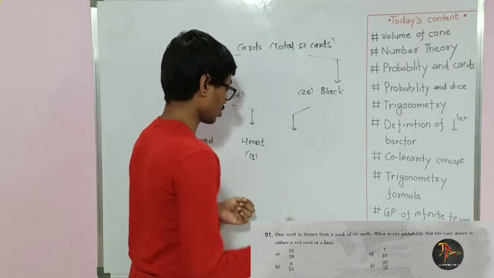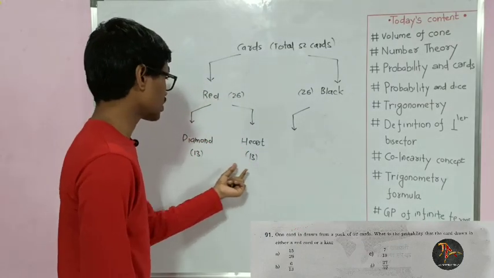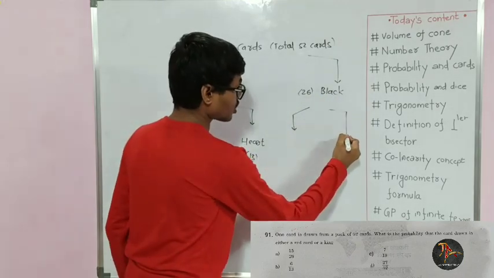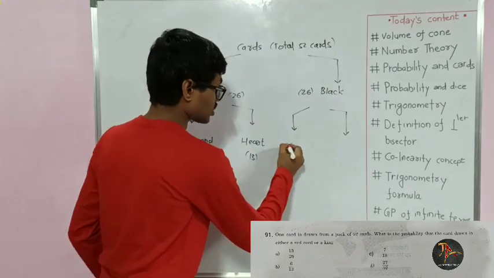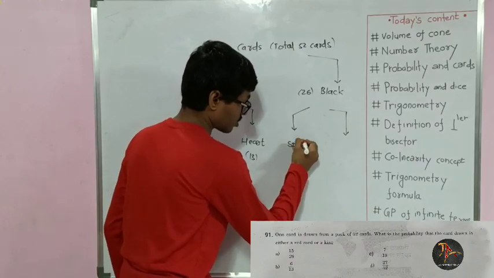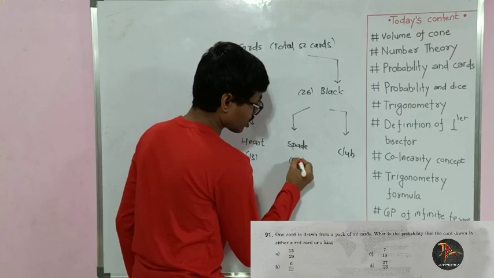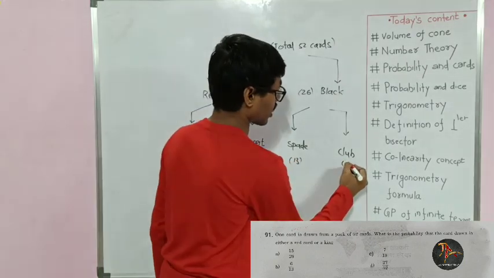Among the black cards, they are again categorized as spade cards and club cards. There are 13 club cards and 13 spade cards.